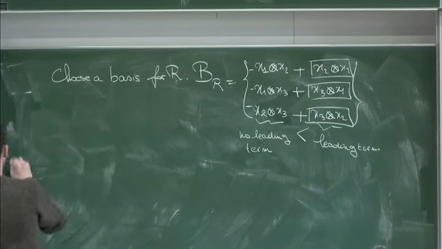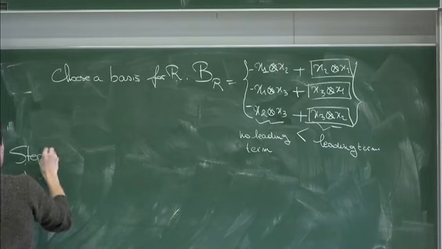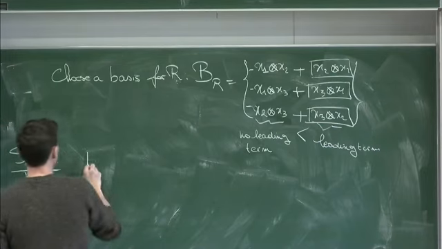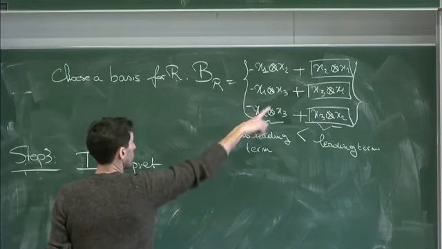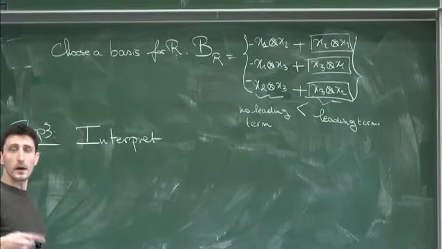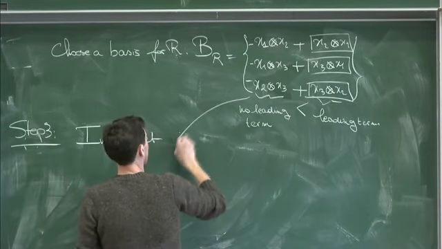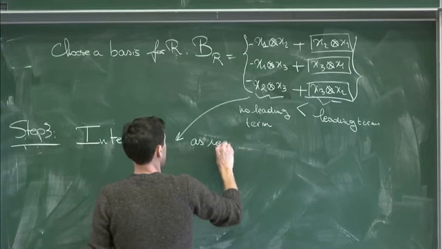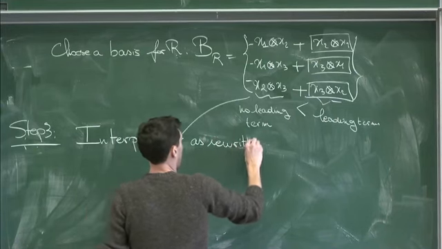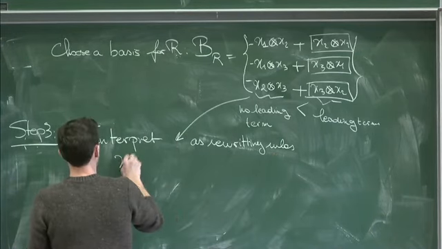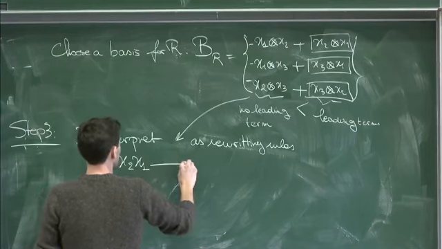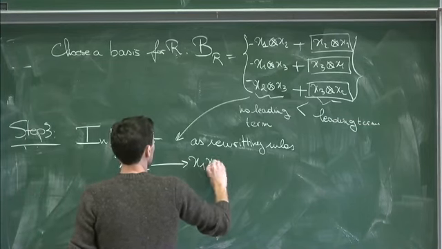Okay, step 3. Now you interpret these guys as rewriting rules. That is, each time you see x1, x2, you rewrite it as x2, x1.